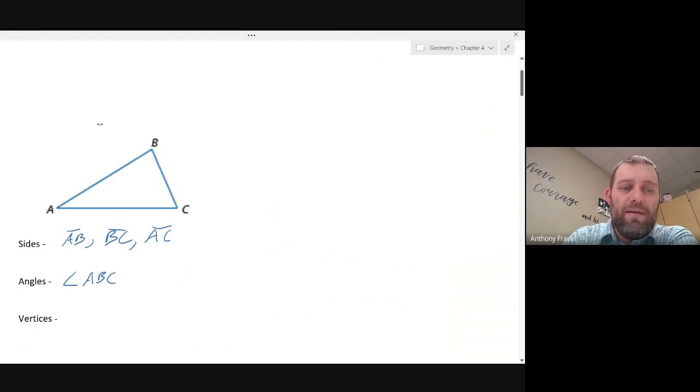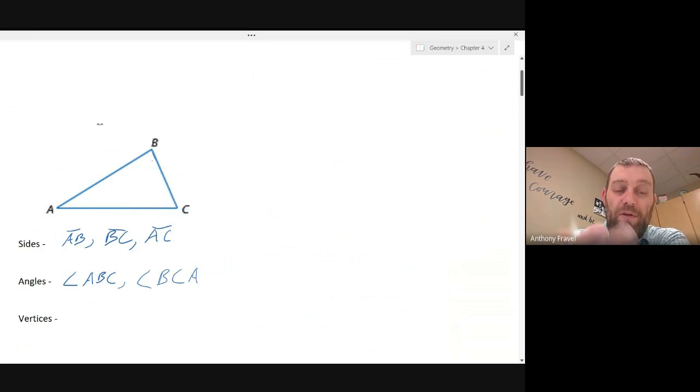The next angle is going to be angle BCA. That's going to be this one here. And the very last angle we're going to have is going to be angle CAB. And that's going to be this angle right over here. All right, so those are my angles.